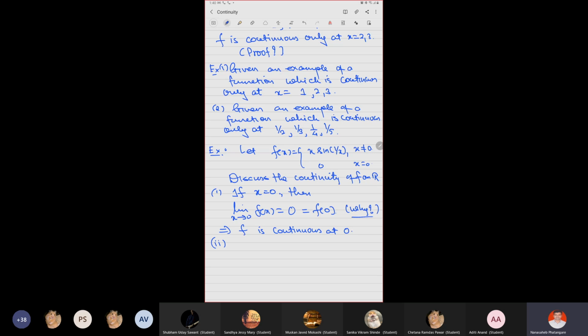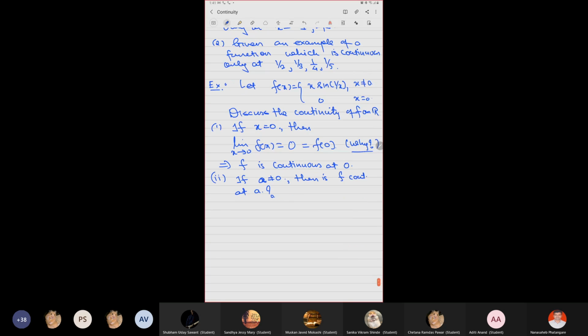You should explain that because we already spent some time on this. Now, if a is not equal to 0, then is f continuous at a? This is the question.